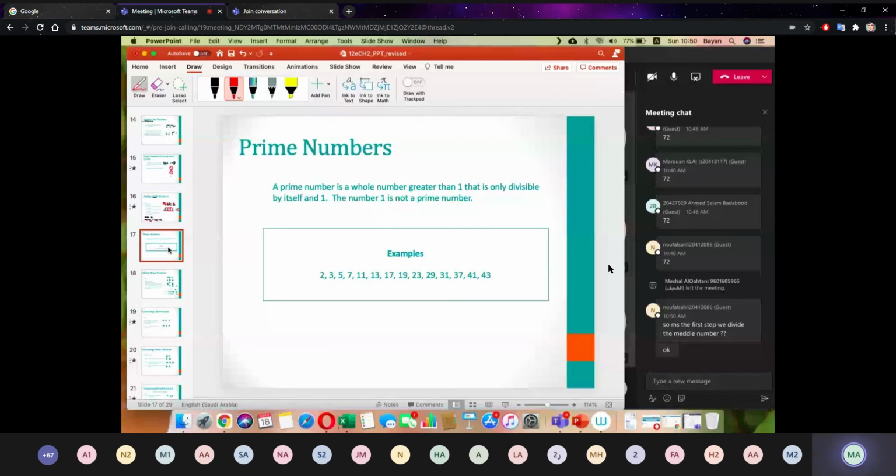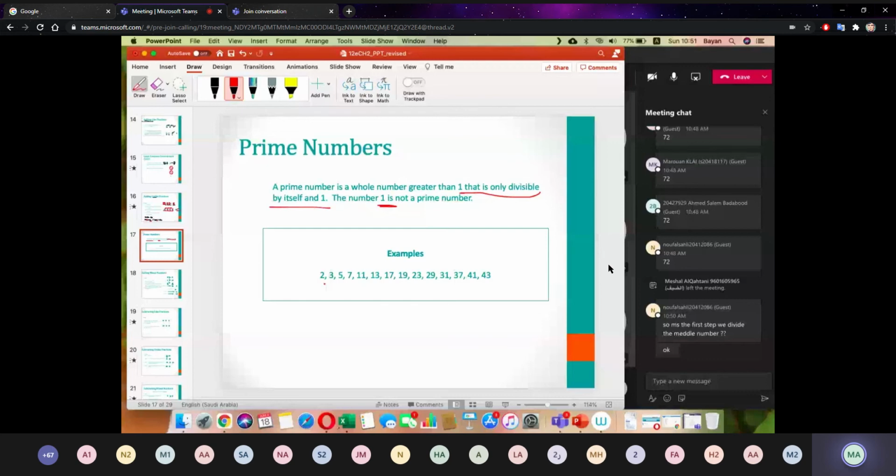Here we have the prime number. What is a prime number? It's a whole number greater than number 1, and it's only divisible by itself and number 1. So number 1 is not a prime number at all. Number 2, can you divide it by any value? No, we can divide by 2.